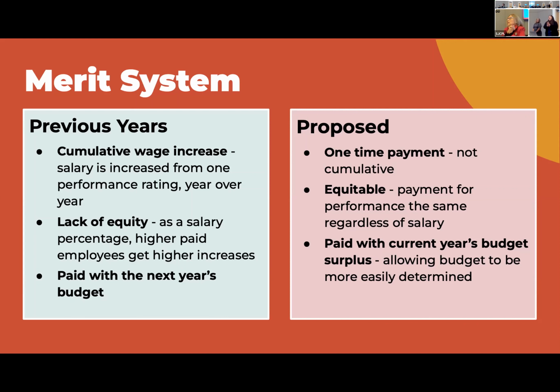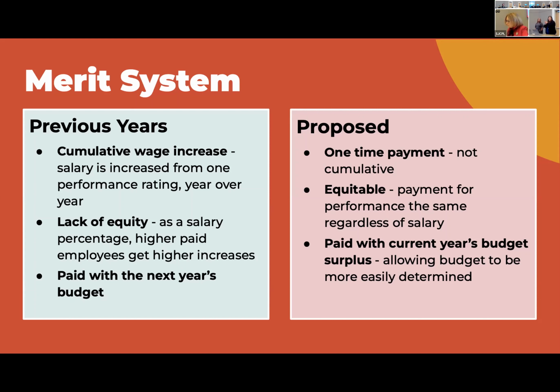Also, adding it as a percentage of someone's salary is cumulative from one year to the next. It just keeps going up and up and up. And it inequitably benefits those at higher wages more, because a higher percentage of a higher number is a higher number.